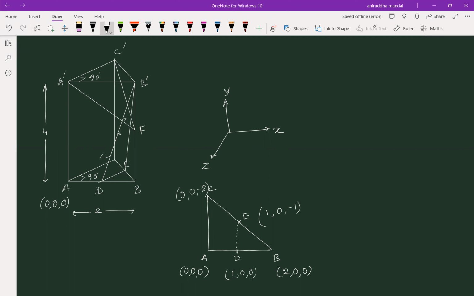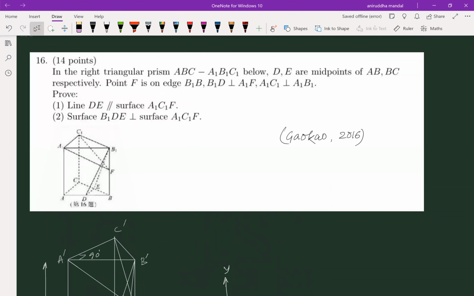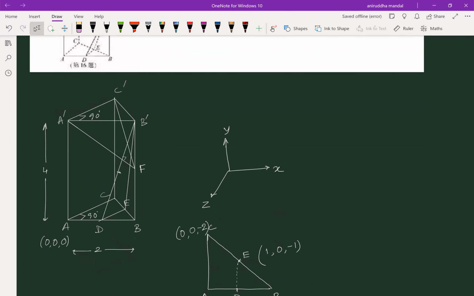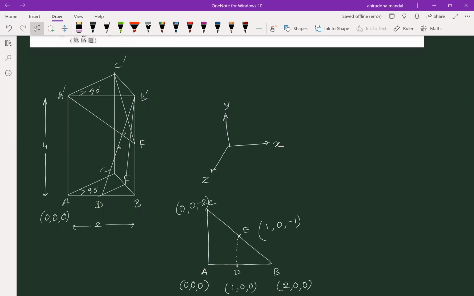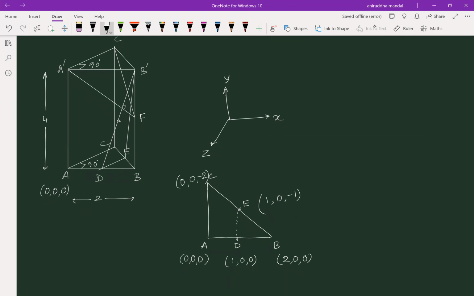Second is this upper triangle. This is A dash, this is B dash, and this is C dash. A dash is 4 units above, so 0 4 0.